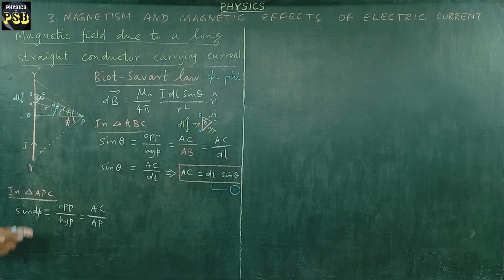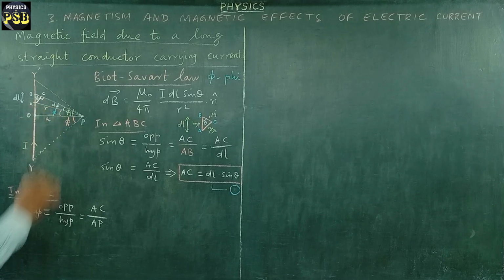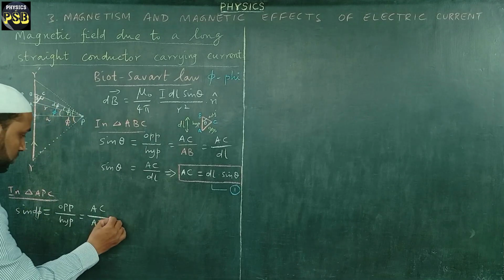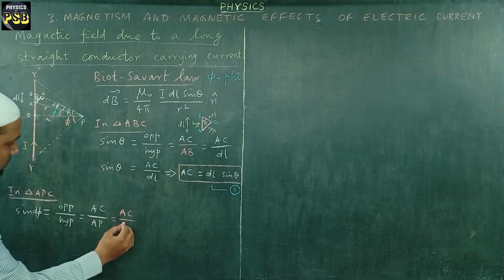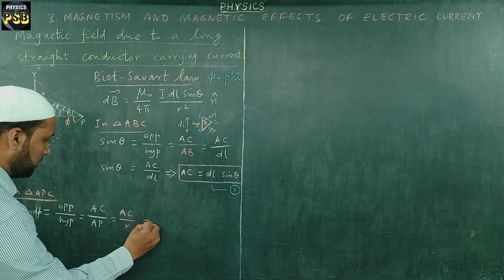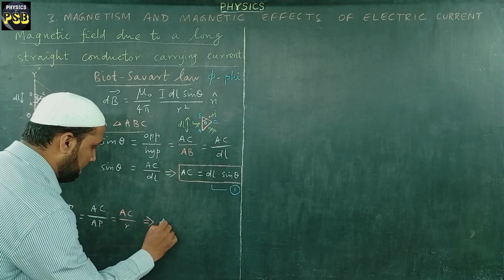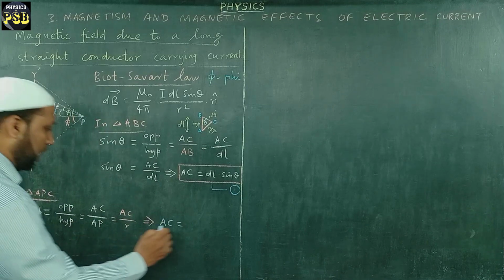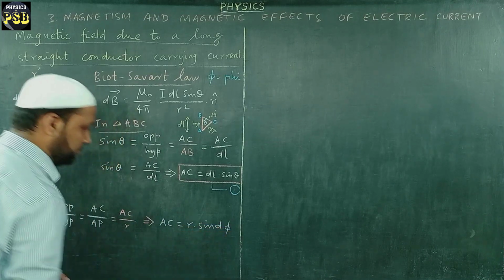In a similar way, the distance between O and P is taken as small a. So AC upon AP is sin d phi, and from this, the value of AC is found to be equal to r sin of d phi.